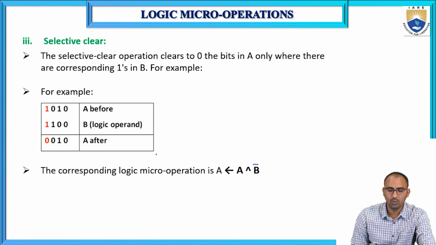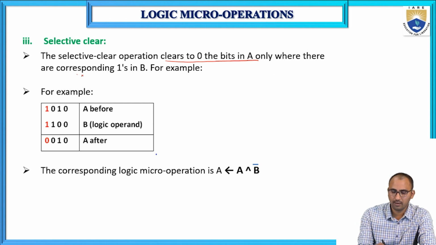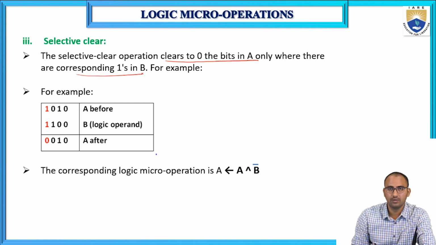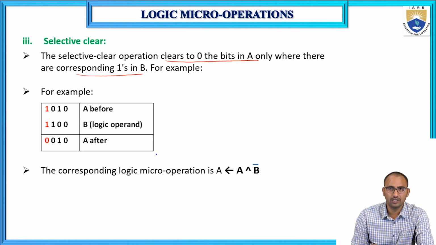Next, selective clear. Using this selective clear operation, we can clear to 0 the bits in A only where there are corresponding ones in B. We can clarify with an example. 1010 is A0, A1, A2, A3, and this is B0, B1, B2, B3.